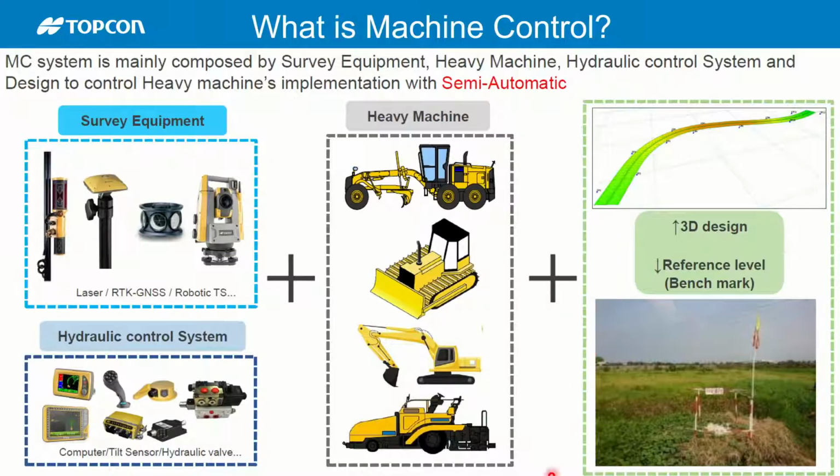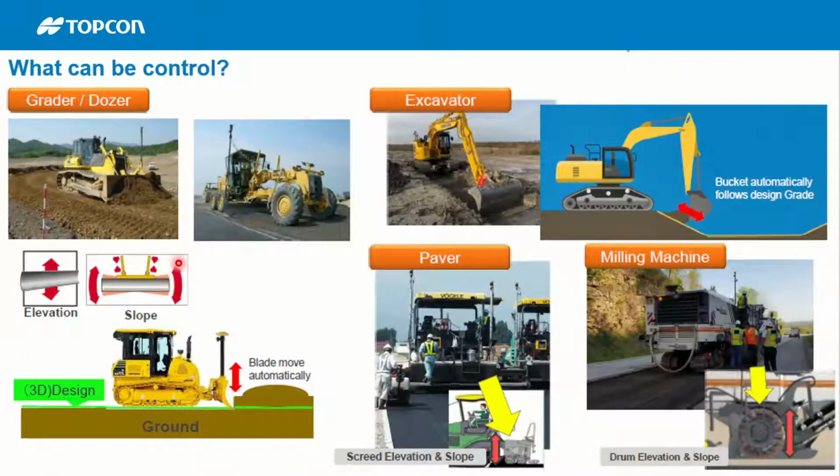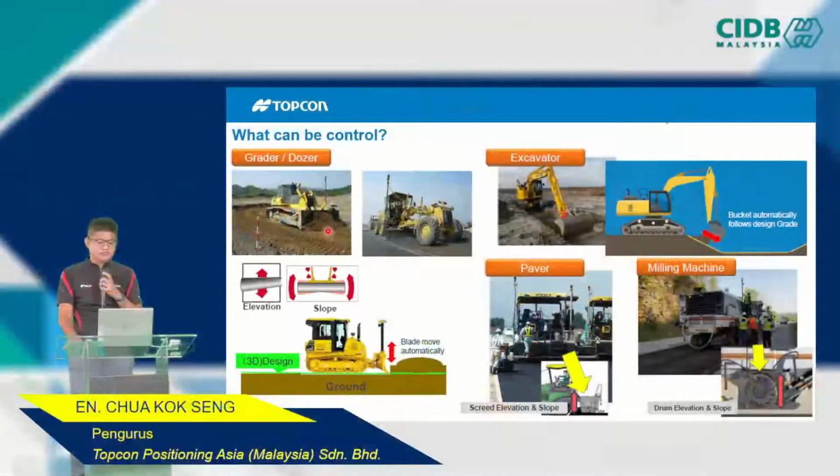Okay, so what can be controlled? Basically grader and dozer can be semi-automatically controlled for elevation and slope. For instance, look at the diagram here. These are the 3D design data.